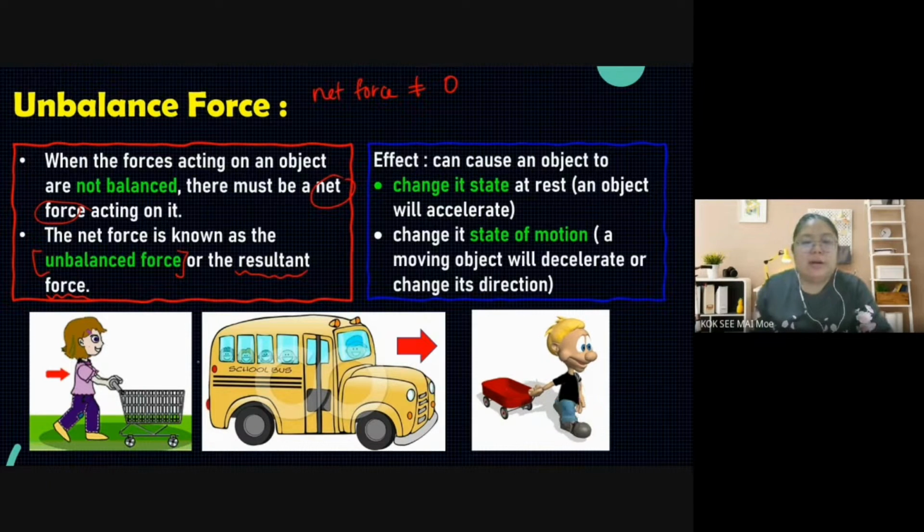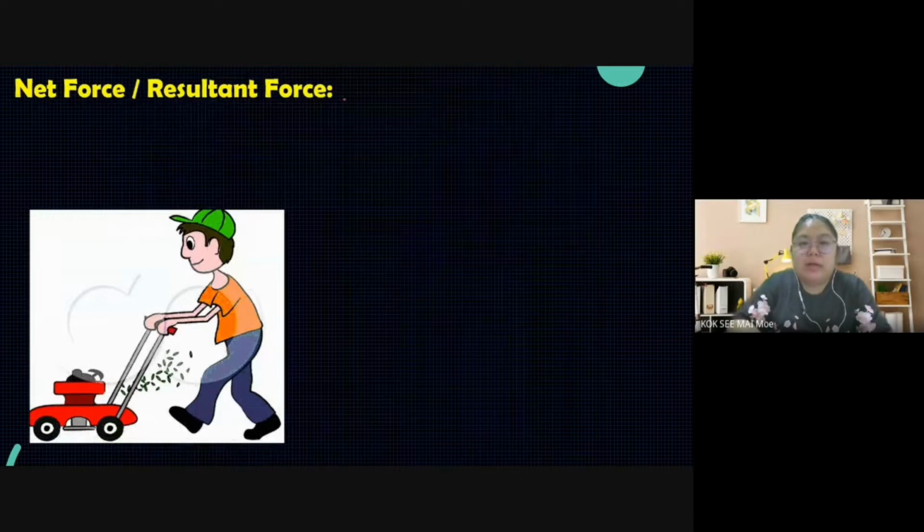Okay, this diagram shows you the unbalanced force. They push, and the trolley can be moved. You just start, the bus can be moved, and this one is pulling. When something is moving, that means we call it unbalanced force. So unbalanced force means you have a net force, you have a resultant force.